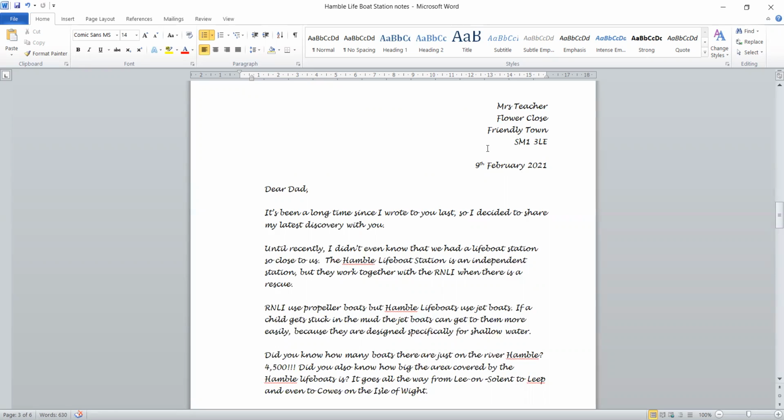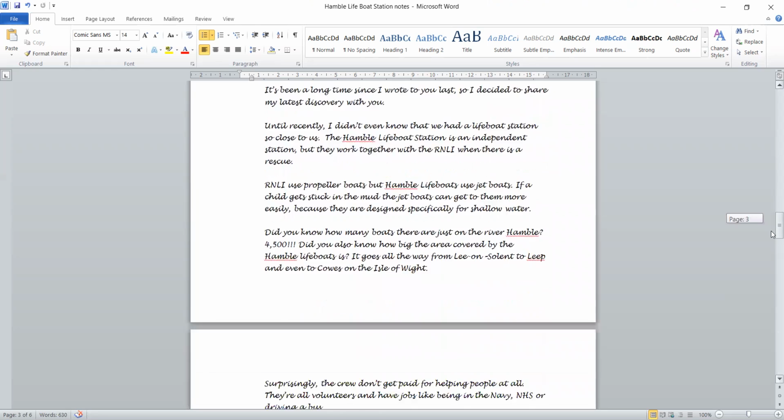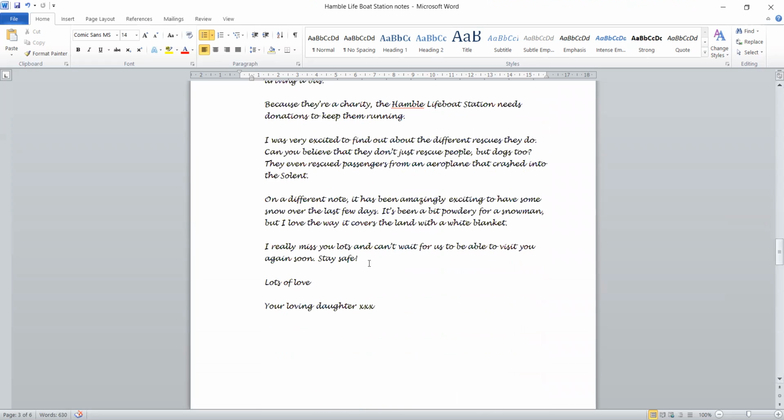right-hand corner. Underneath, we need the date, which I have here, and then I have a greeting with a comma after the greeting. Very good. One thing I do need to check, and this is very important and quite specific to British English informal letter writing, is that I have a comma after the greeting and also a comma after the final farewell as well, the greeting at the end of the letter.